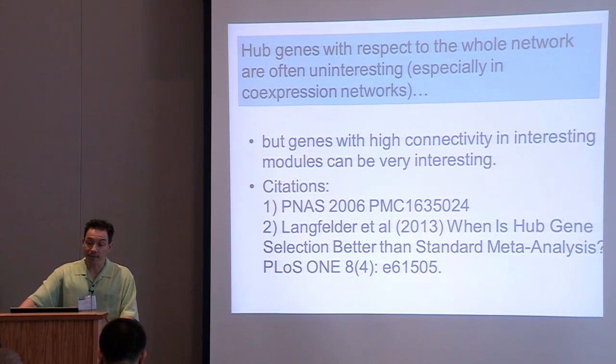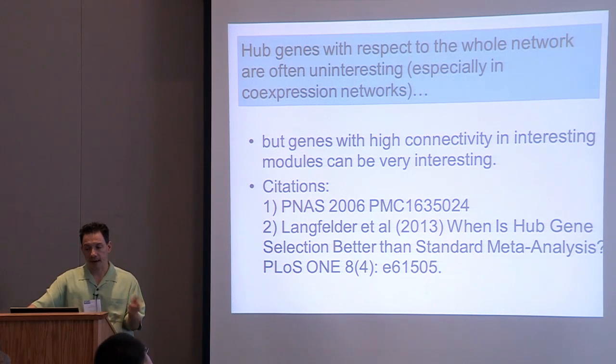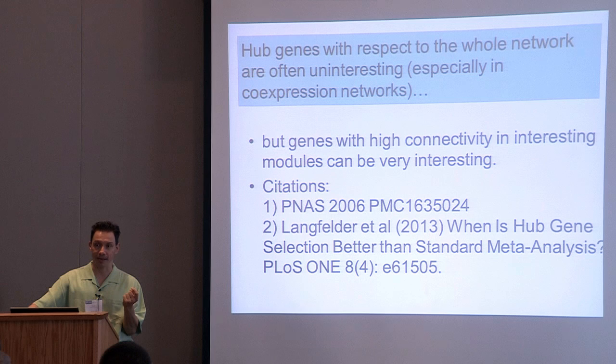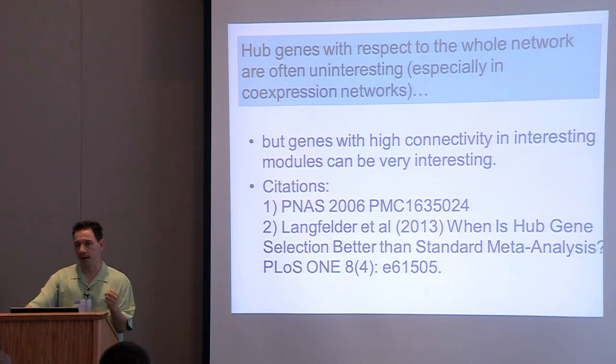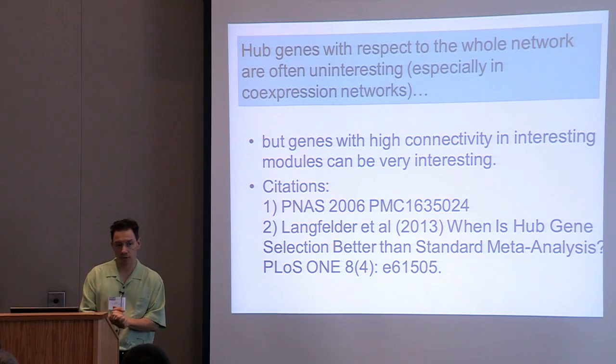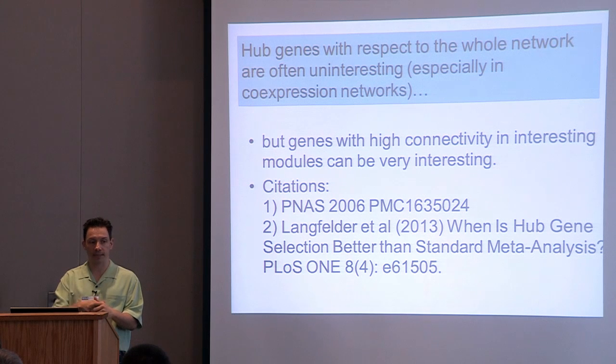But genes that have a high connectivity in interesting modules can be very interesting. Coming back to this example I just alluded to, let's say you analyzed a brain expression data set, and you found a module that relates to autism disease status. Well, then if you look at the hub genes within that module, these intramodular hubs, they can be utterly interesting.